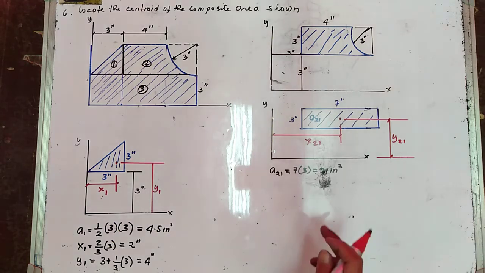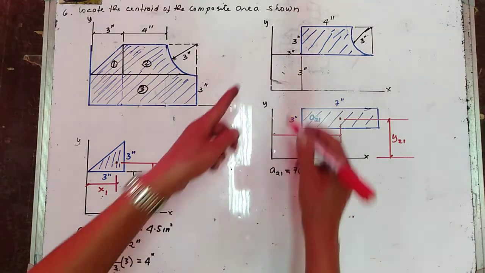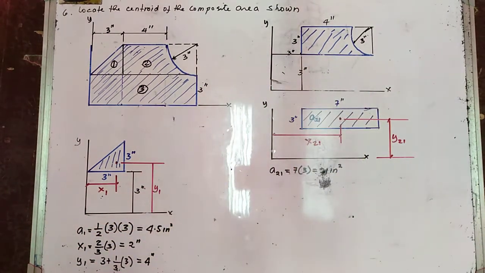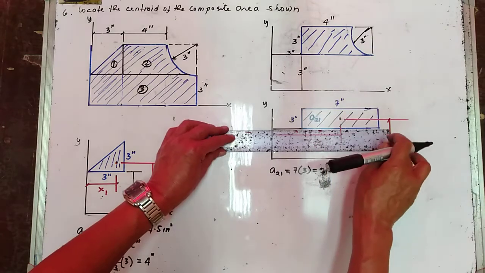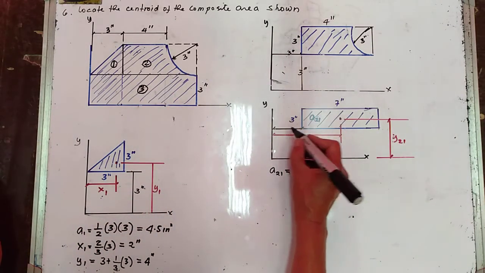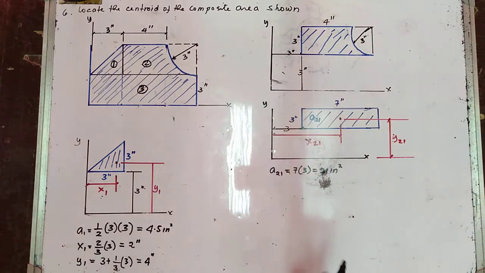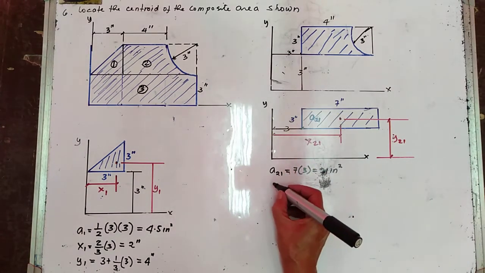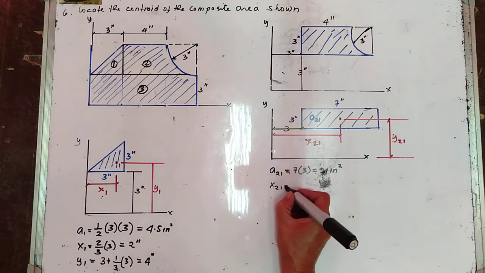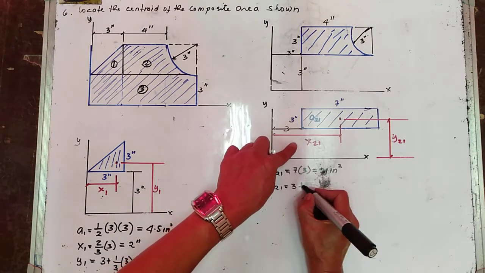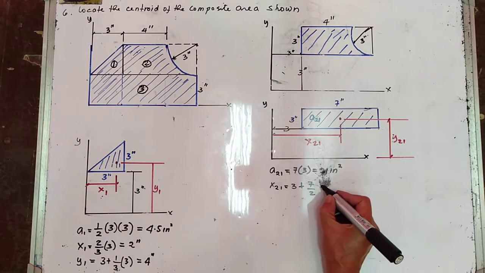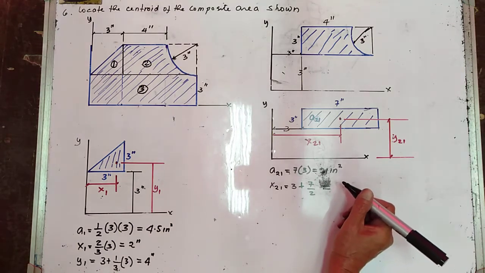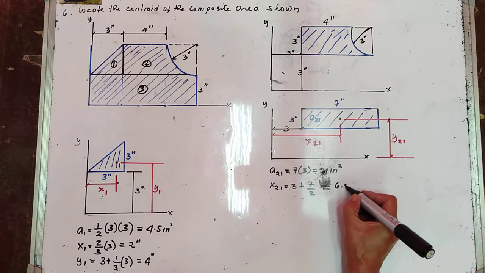So let us try to determine now this x 2,1. Since the distance from the y-axis of that figure is equal to 3, so that your x 2,1 is now equal to 3 plus 7 all over 2, and this is equal to 6.5 inches.